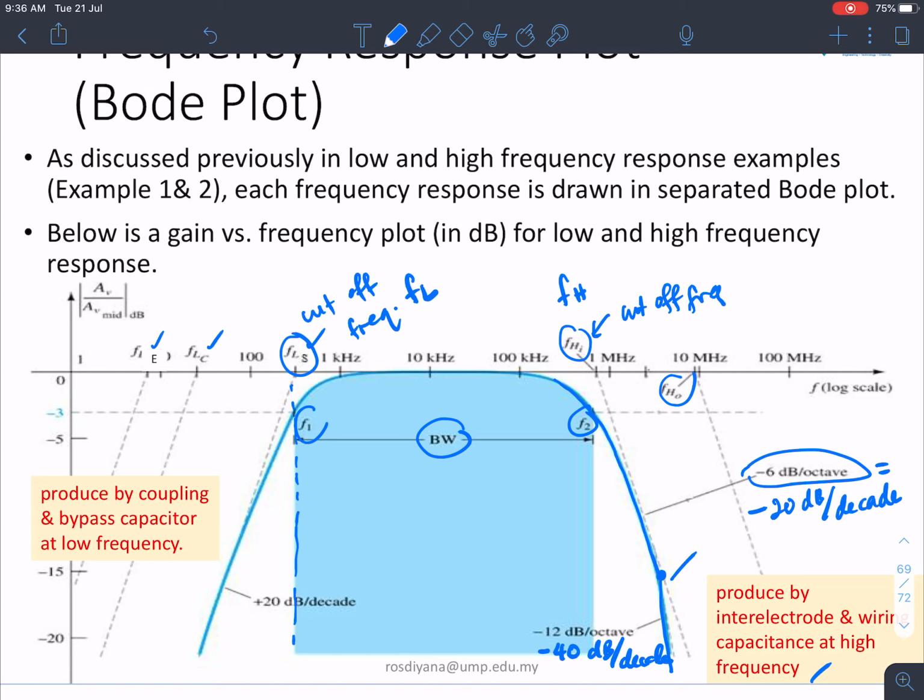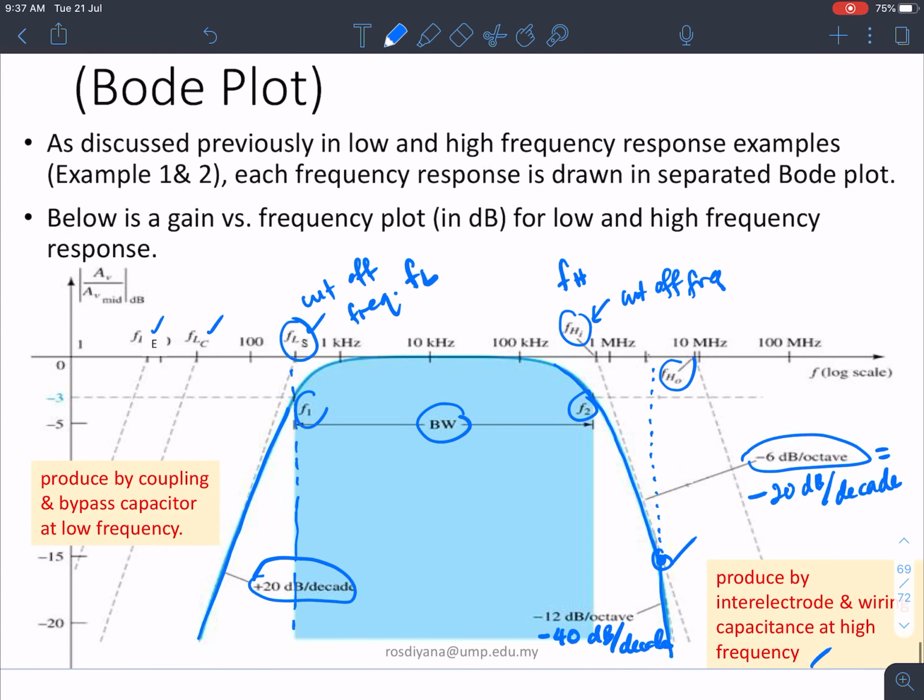And this is because something happened here. The FH out makes the FH in break somewhere around here. Okay, so for this one is in positive dB per decade. Okay.